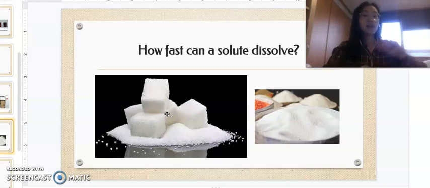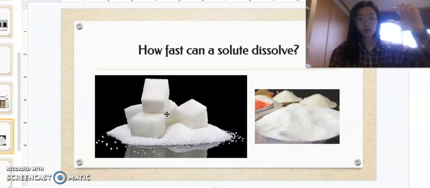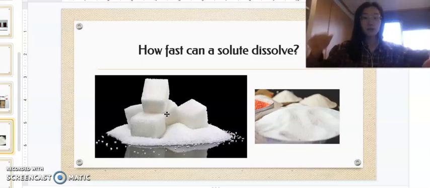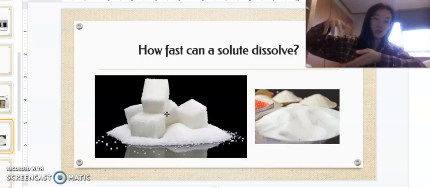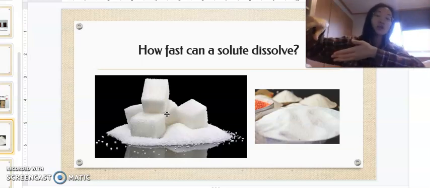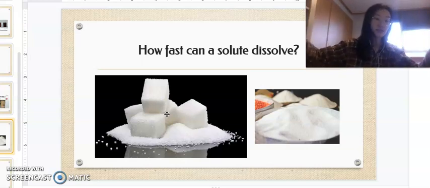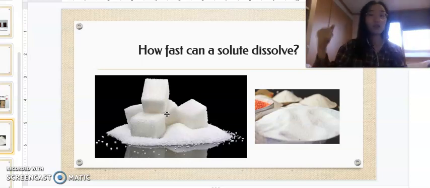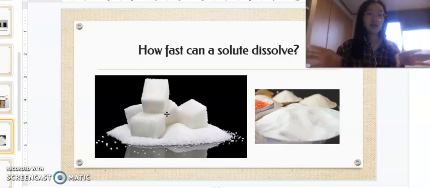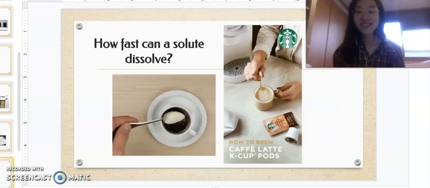We can all agree that if we put a sugar cube into water and then put crushed sugar into the water, the crushed sugar will probably dissolve faster, right? That's why if you want to make it dissolve faster, you crush it or crumble it or cut it up into small pieces. Or you can just stir it, right?